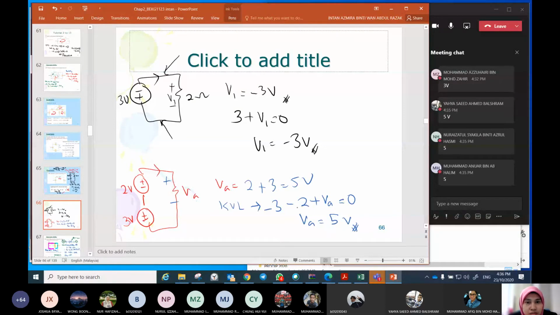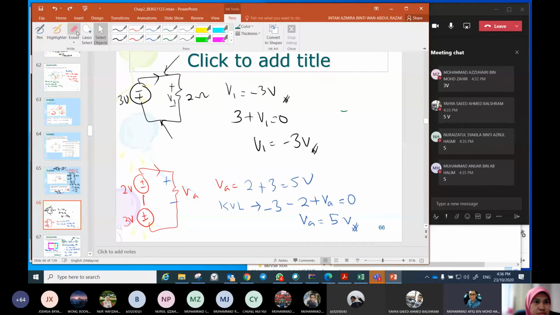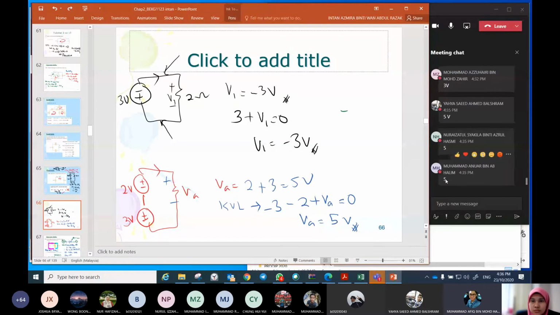Kalau kita nak tulis equation tu in terms of sum of voltage drop equals to sum of voltage supply, boleh juga? Sama tak kita dapat dengan tu?